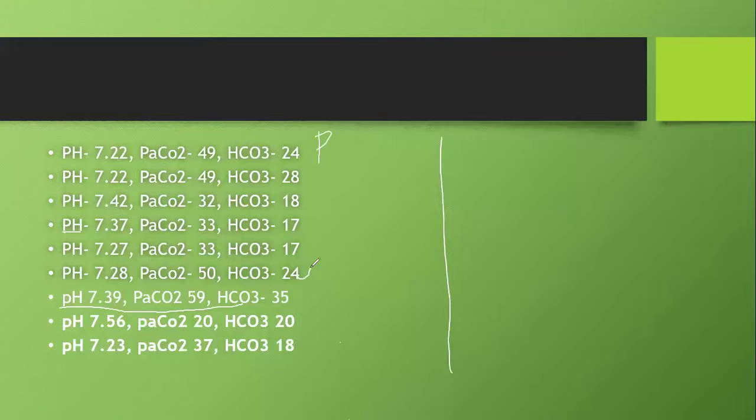So we have pH of 7.39, carbon dioxide of 50. Sorry, pH is 7.28 rather.